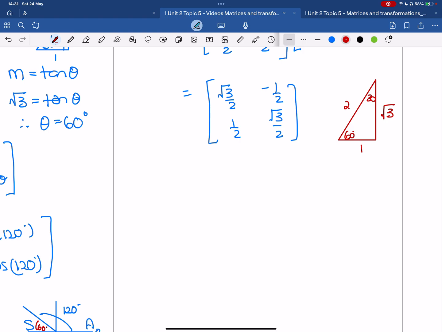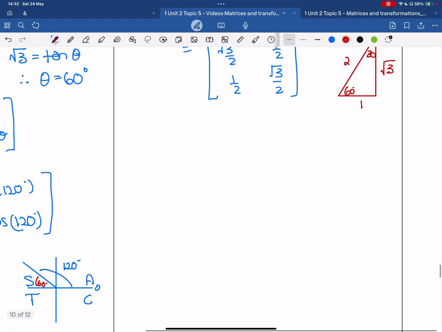So I guess if we're going to go with 60 degrees, remember we need to get our angles the same for a rotation, because our equation given to us on our formula sheet, R theta, is going to be cos theta, negative sin theta, sin theta, cos theta.